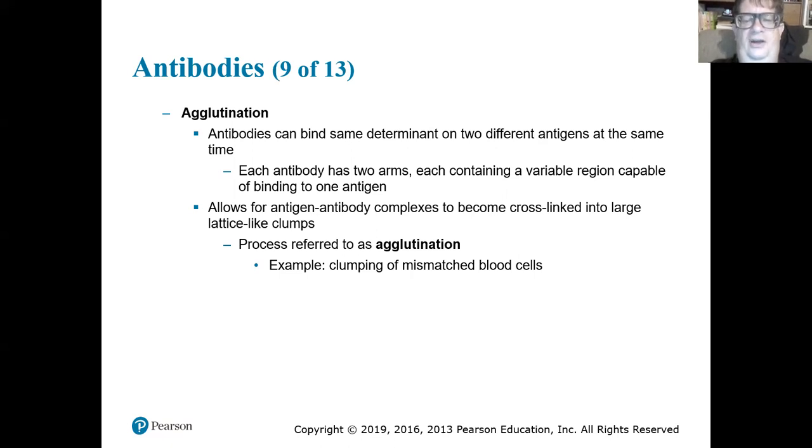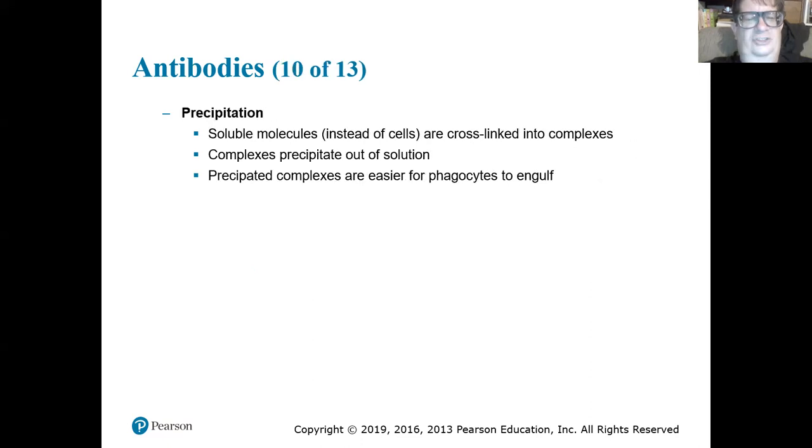This lets the antigen antibody complex cross-link into large lattice of clumps. Basically, you cause the blood to clot. The mismatched blood, the blood that shouldn't be in your body, everybody's like, oh, I'm gonna stop that from floating around. And you form little clumps or clots that are slower to move around and easier for macrophages to catch.